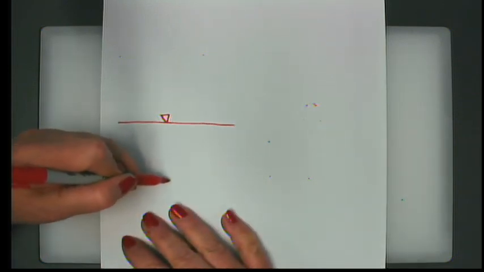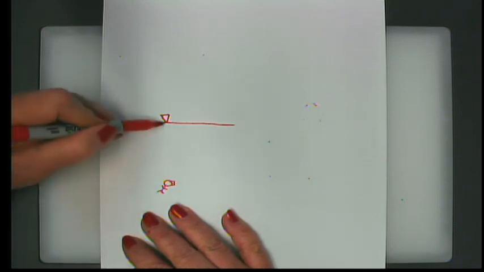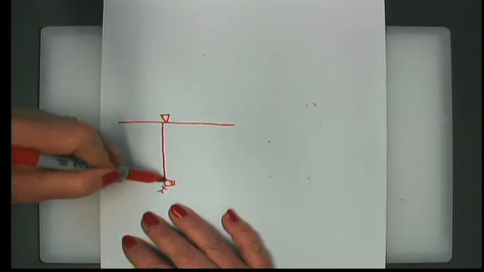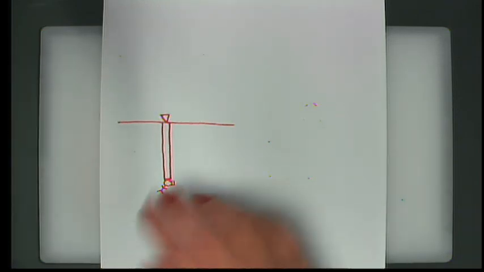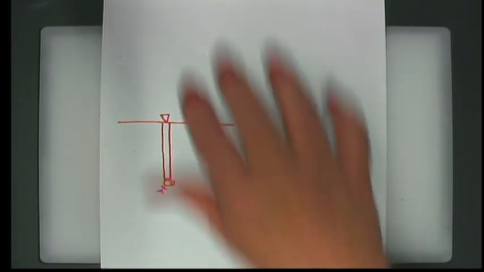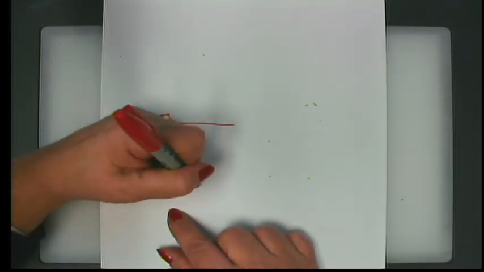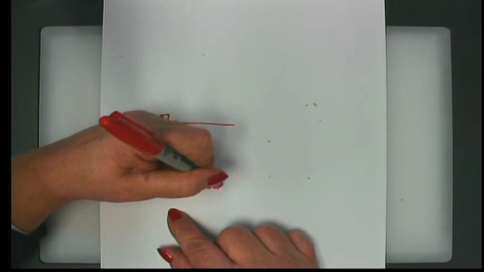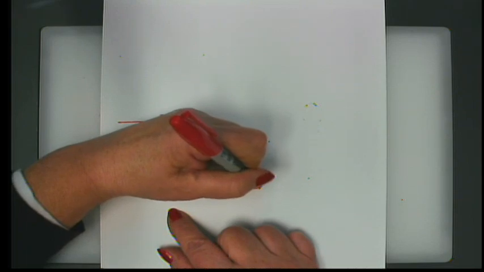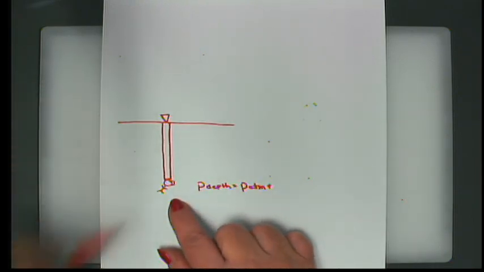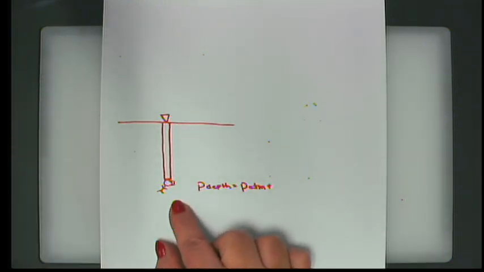And if I'm down here scuba diving, I have a column not of air, but of water above me. I also have atmospheric pressure above me. So the pressure that I'm going to experience at this depth is going to be the pressure of the atmosphere plus the pressure exerted on me by the weight of the fluid column.